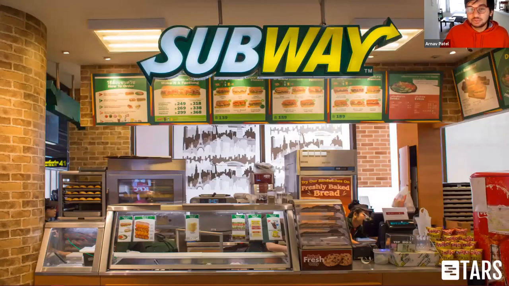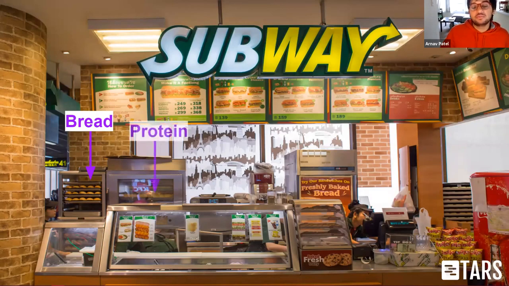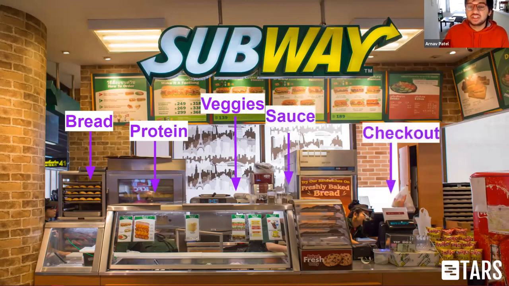So if you've ever been to a Subway before, super popular, I love Subway. The basic premise is that you walk into the store, you go to the counter, and you go through this sort of assembly line of sandwich making where the people on the other side of the counter first ask you for what bread you want, what protein you want, what veggies you want, what sauce you want, and then they check you out. And the process of capturing a lead is very similar.